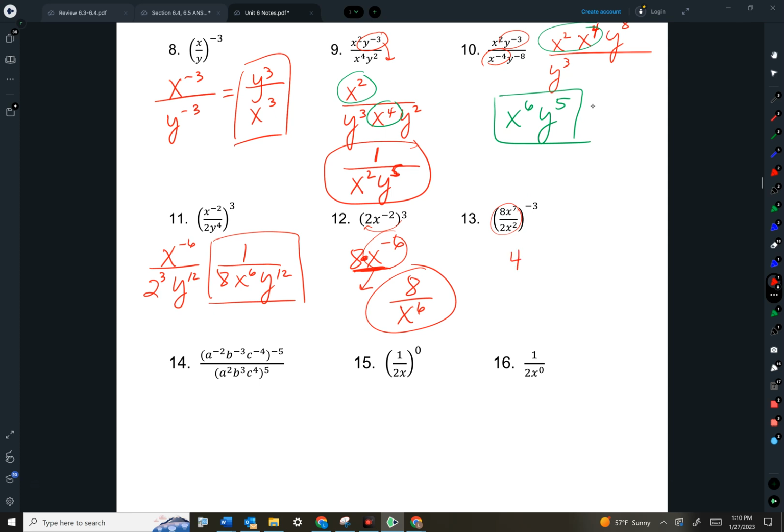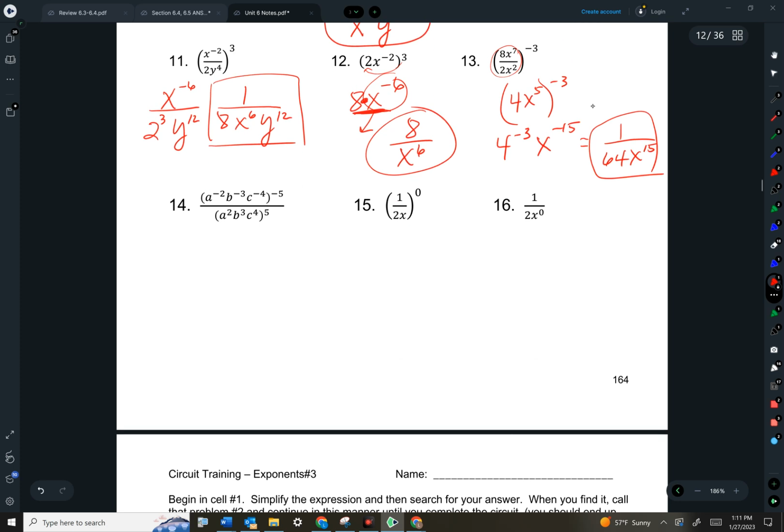X to the 7th over x squared is x to the 5th. And now all of that is being raised to the negative 3. So I have 4 to the negative 3, x to the negative 15. And all of it's negative, so all of it's going to go to the denominator. So it's going to be 1 over 64 x to the 15th.